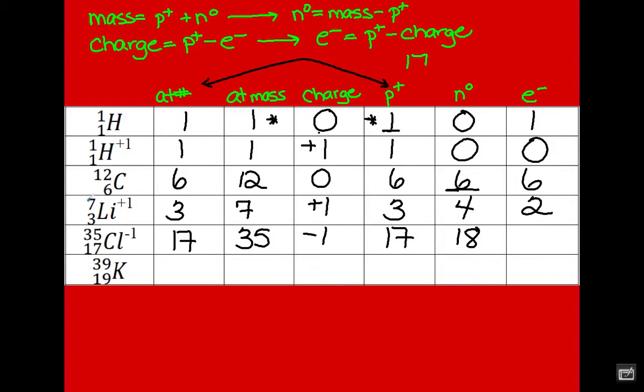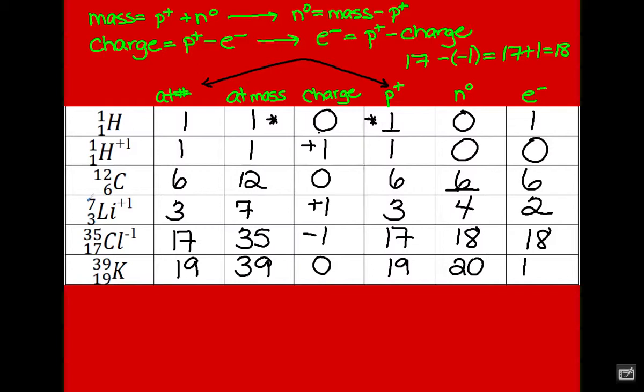If I take 17 minus a negative 1, that is the same as saying 17 plus 1, which is 18. That is the number of electrons that I have. You do have to be careful with that. The last one in the top half then is 19, 39, and 0, and then 19, 20, and 19.